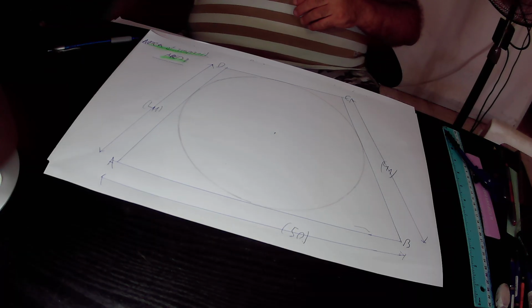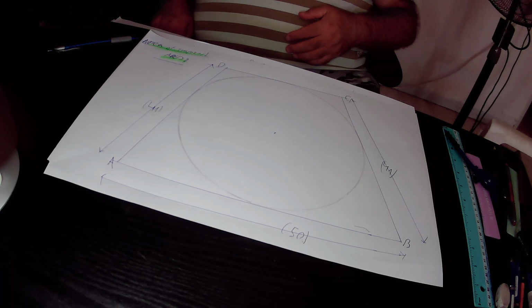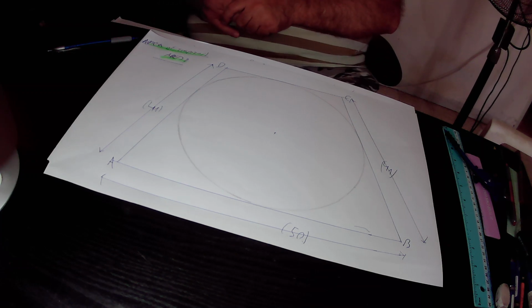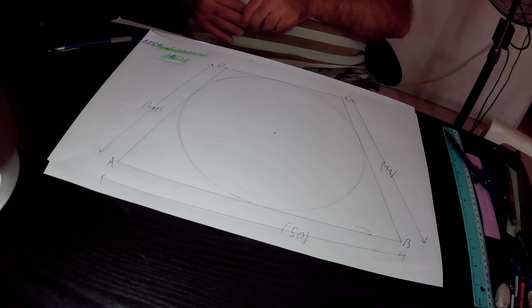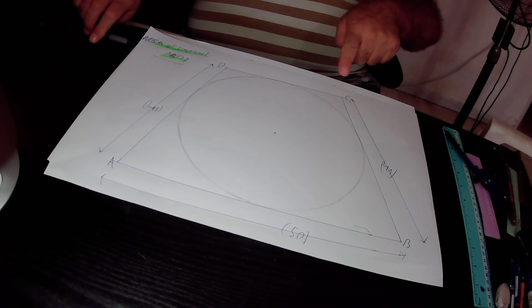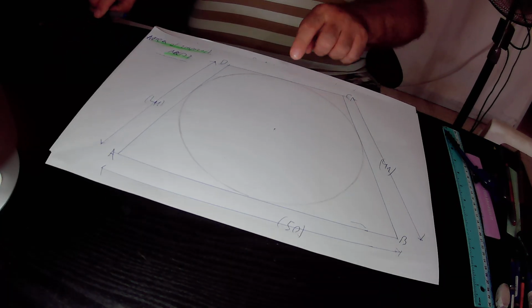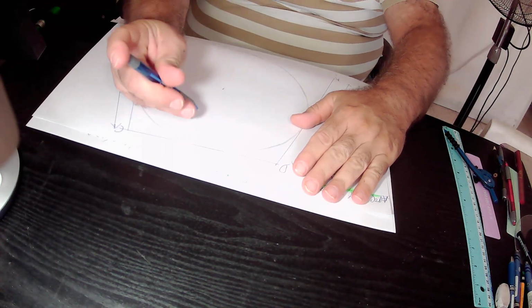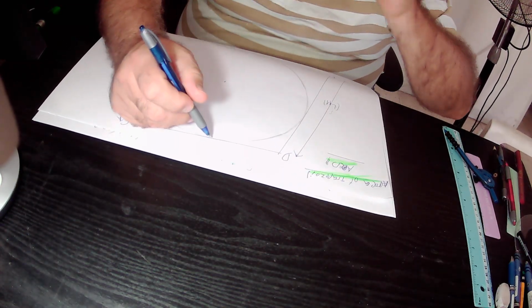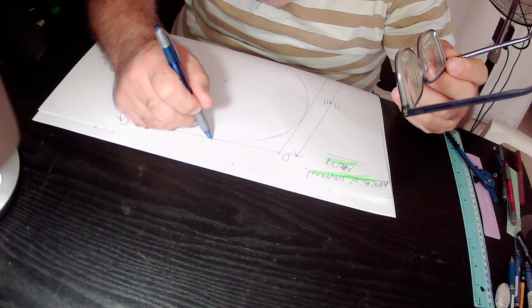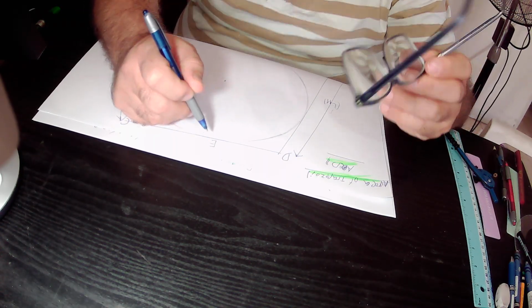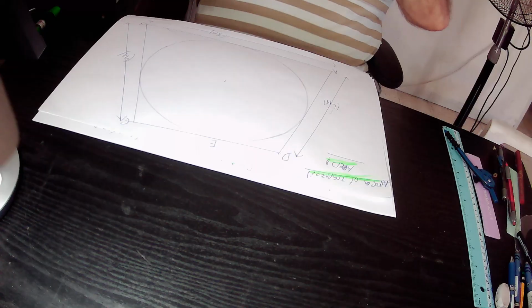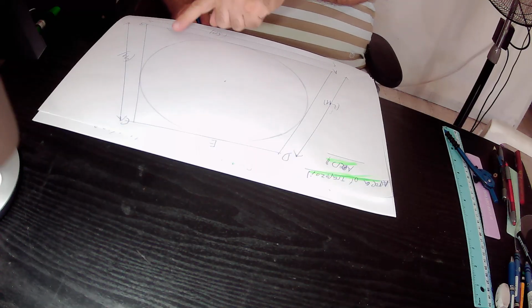In our drawing, first of all, we will define the point of tangency of tangent DC with this circle. This point is point E. And we will define the point of tangency of tangent CB with this circle.